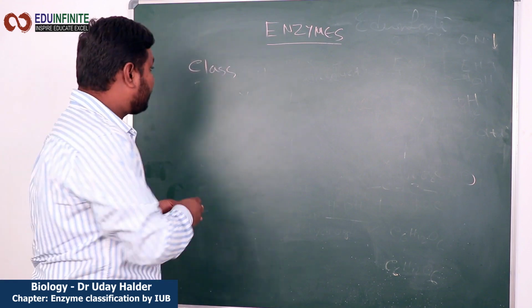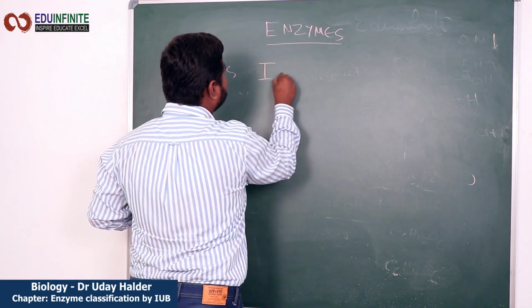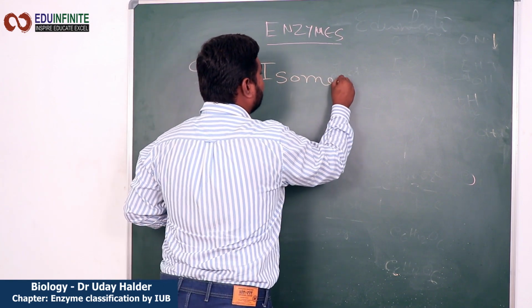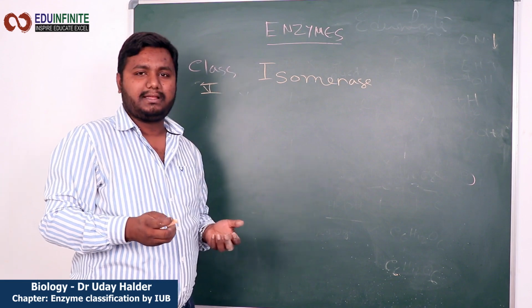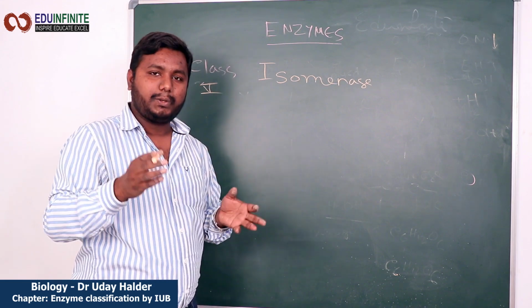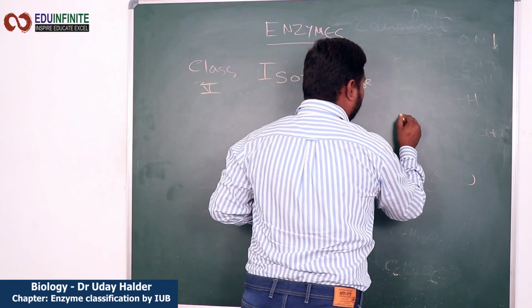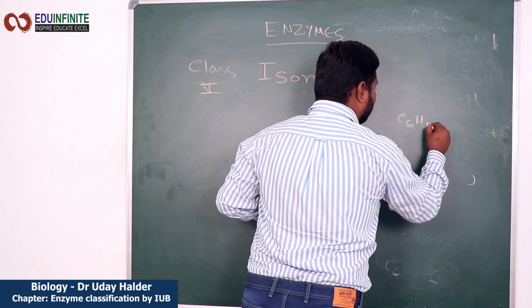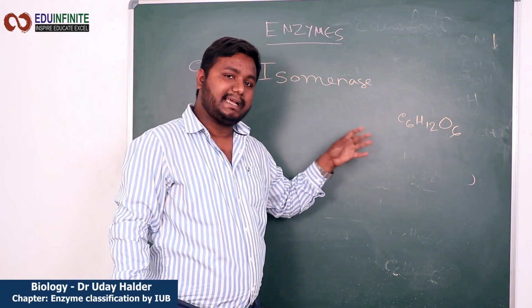And then the fifth class of enzyme, that is isomerase. Isomer means compounds which have the same formula but different structure. This is a formula for glucose as well as fructose as well as galactose.